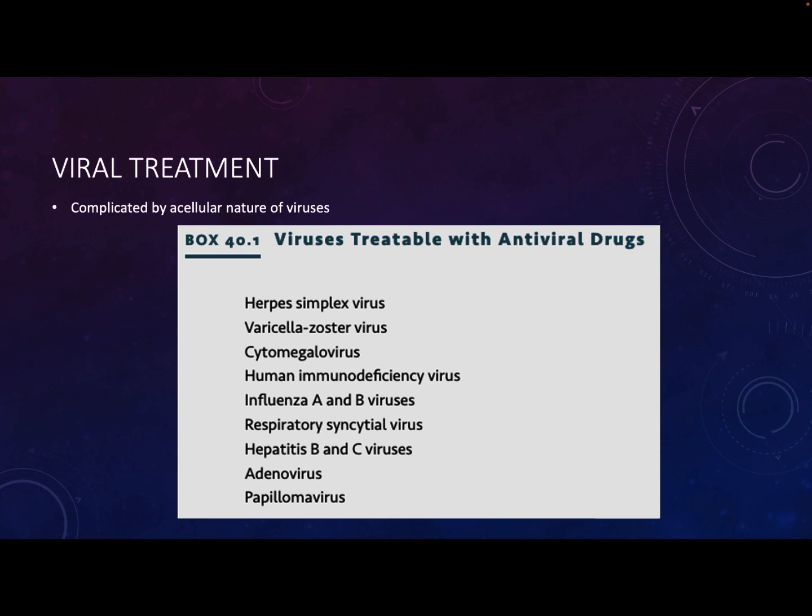But a lot of these different viruses have very specific things that they do, or very, very specific targets that we have antiviral drugs for. And as we talk about some of these specific viruses, we'll talk about how exactly those drugs work.